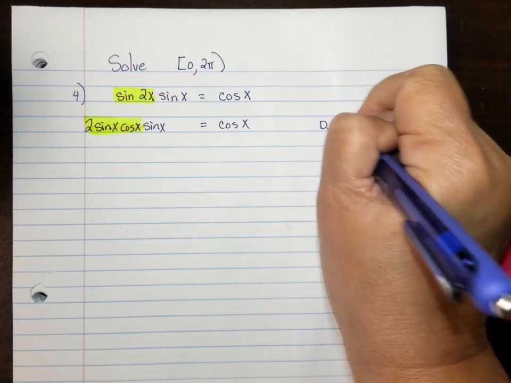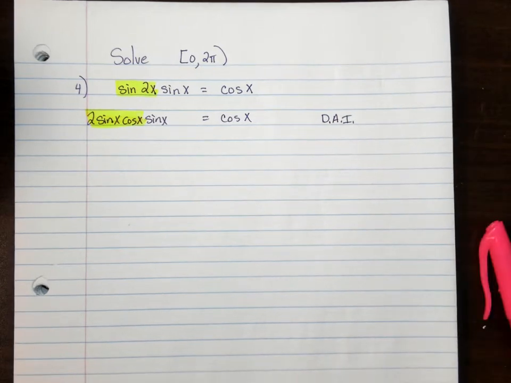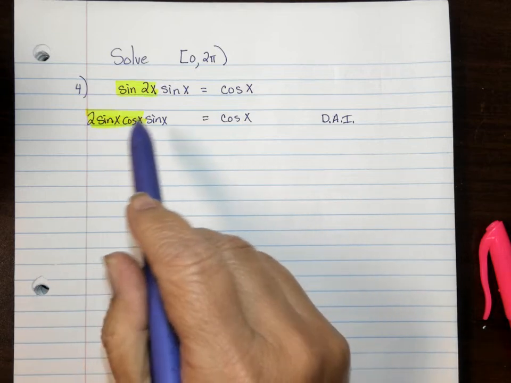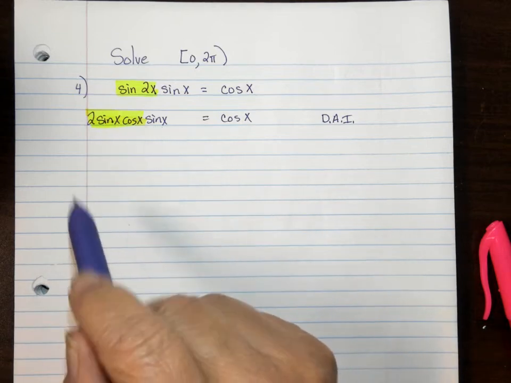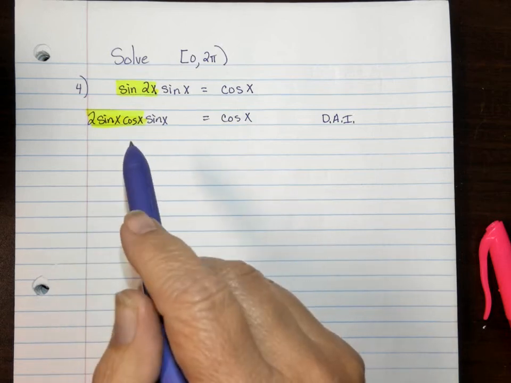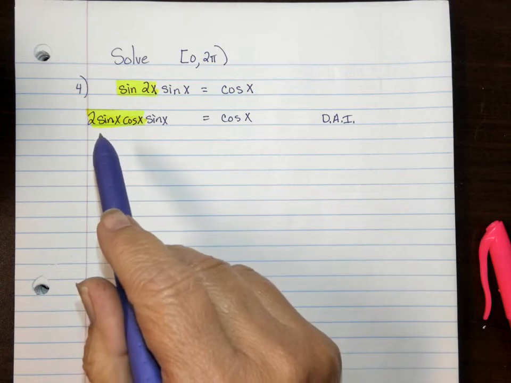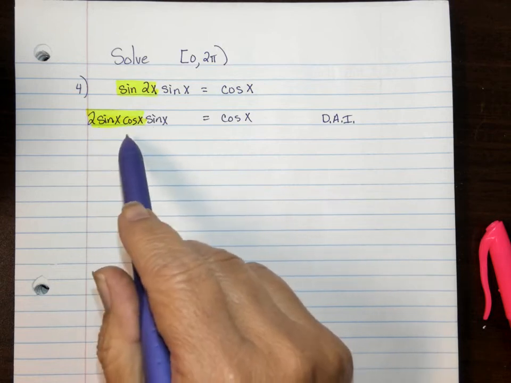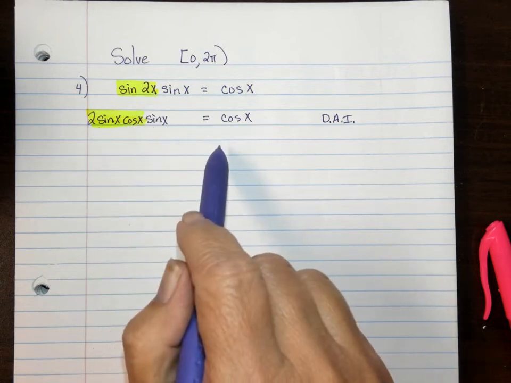Double angle identity. Did a substitution. Now, I could multiply that and get sine squared x, but where's that going to lead me? I don't know.